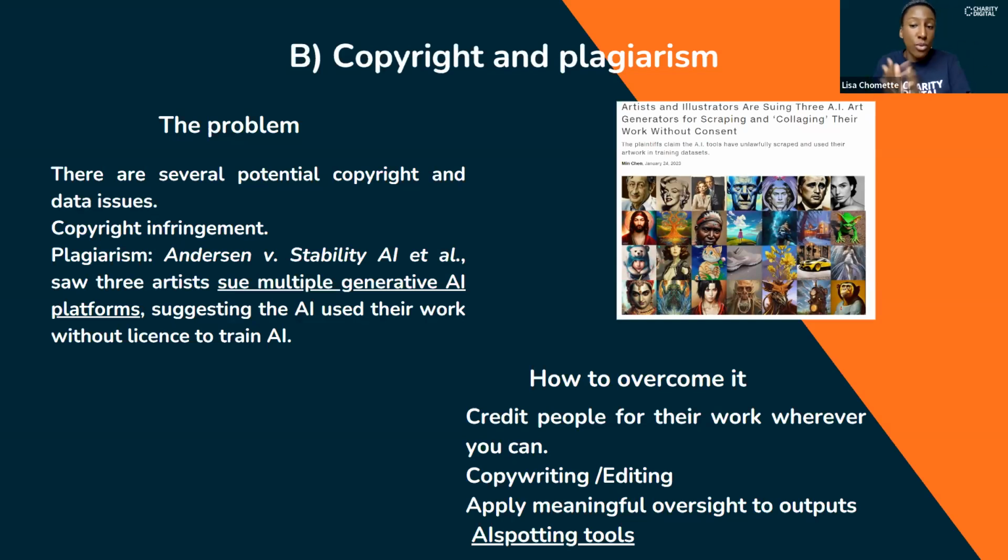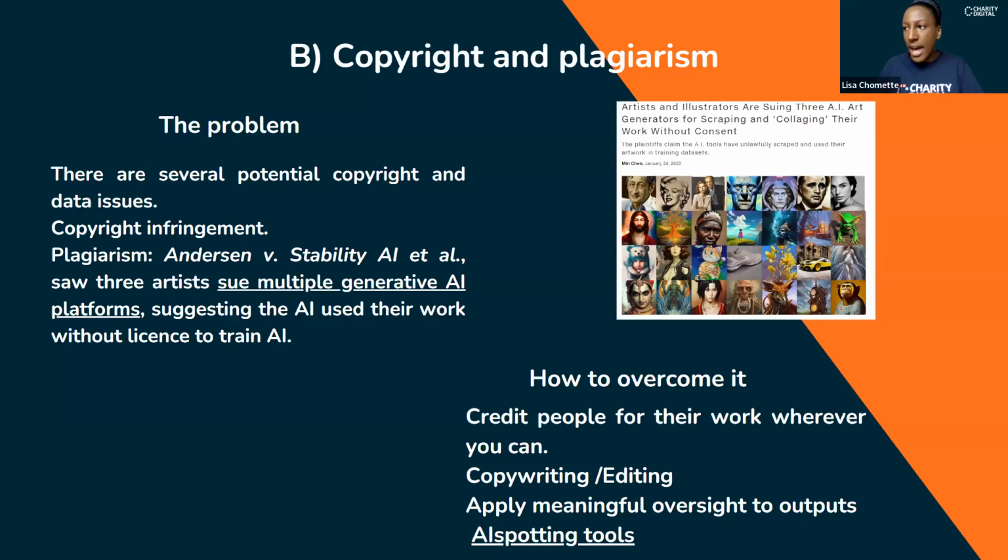Crediting work is still the right thing to do. Failing to credit people may also hit your reputation, because there are plenty of tools that exist that can find plagiarism. So it's very important to be cognizant of these tools.